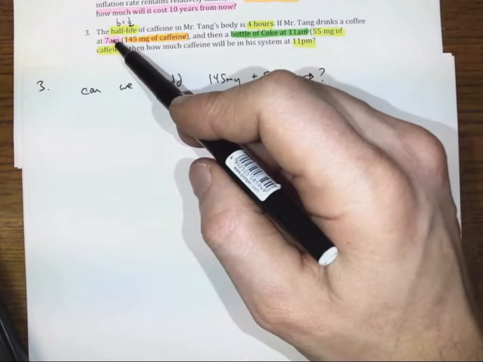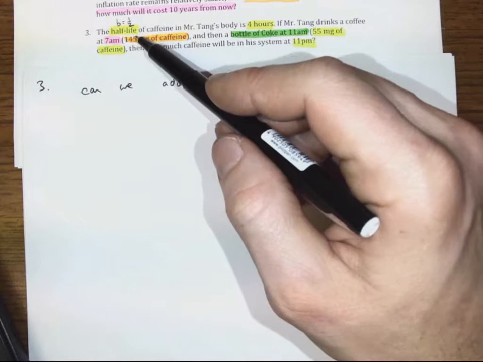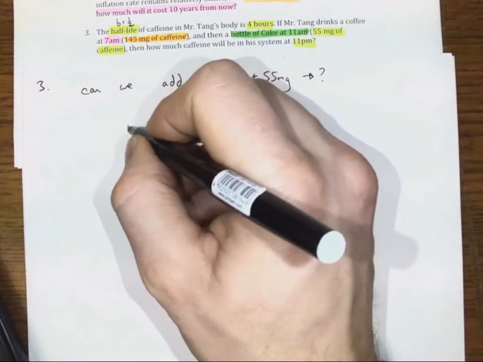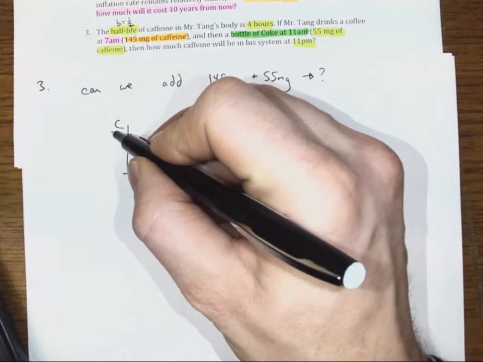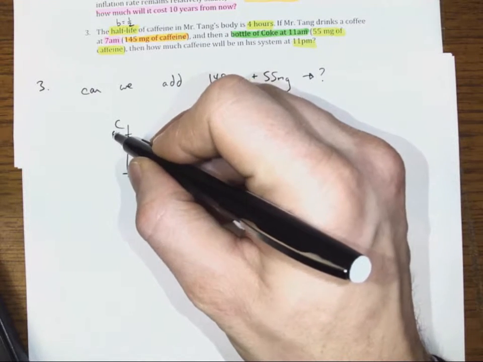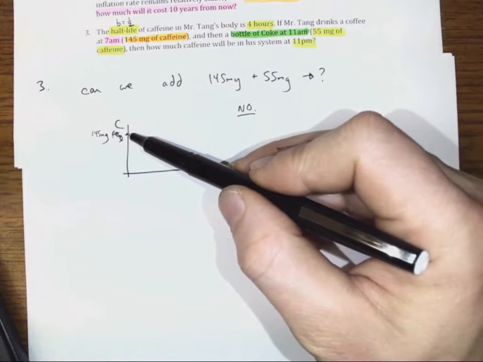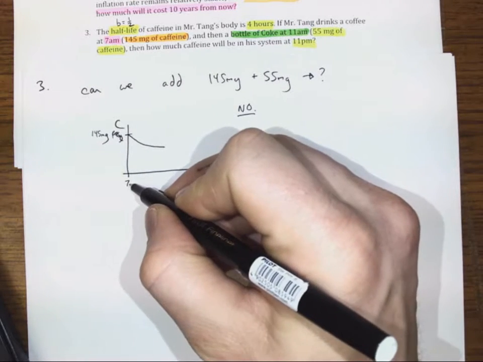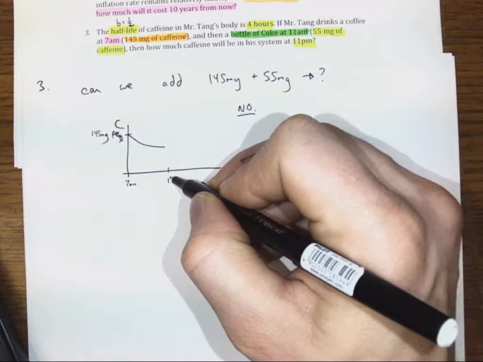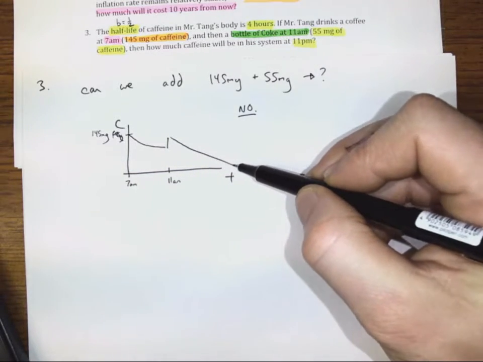So his profile of caffeine over time is going to look like this. It's going to start at 145 milligrams, not 145 grams, it would certainly kill him. And it would decrease, and then if that's 7 a.m., 11 a.m., it's going to spike, and then start decreasing down like this.